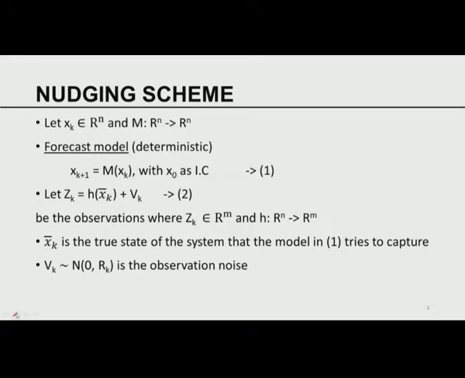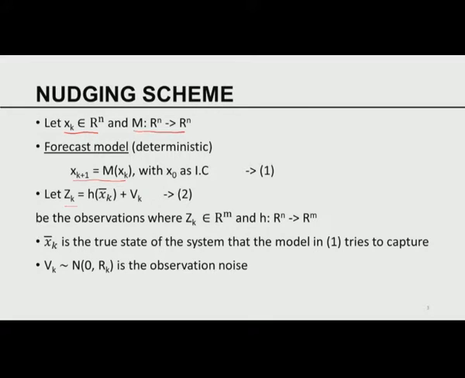So, to get a feel for this nudging scheme, let us consider a state x_k at time k, which is in R^n. M is a map from R^n to R^n. The forecast model I am assuming to be deterministic with x_0 as the initial condition.